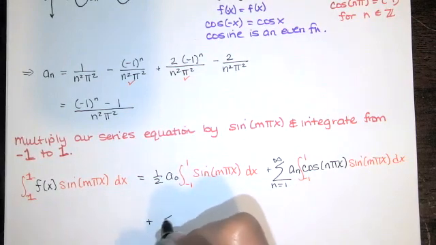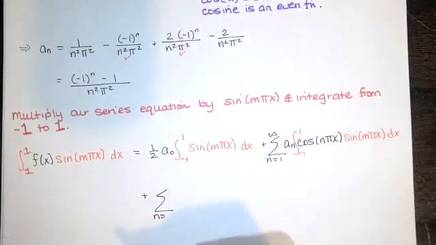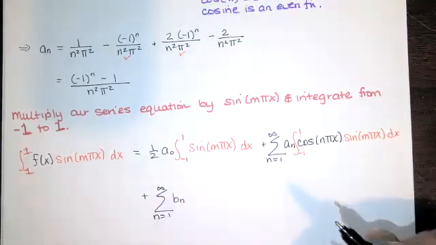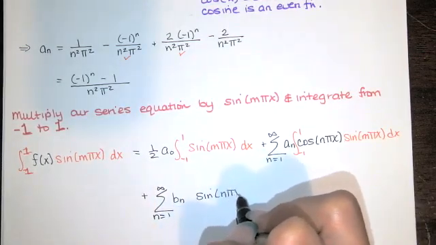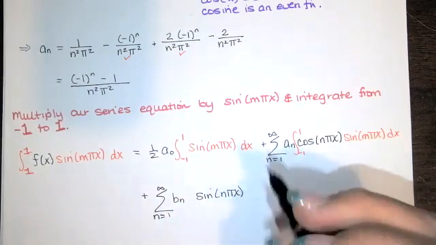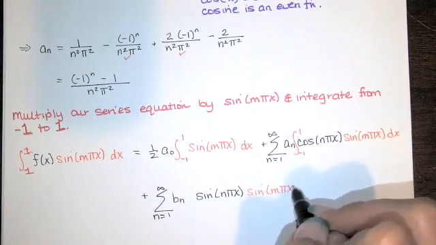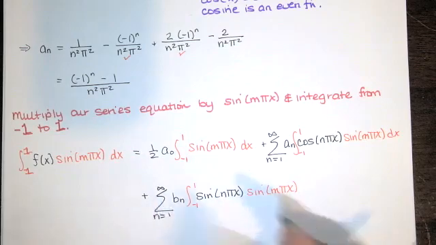And then we have a series for the b's, and normally I would write that all as one series, but because I'm running out of space, I'll do that on the next line. I have the b's times the sine of n pi x, and we multiply this by sine of m pi x, so that one of these b's would remain after that integration.